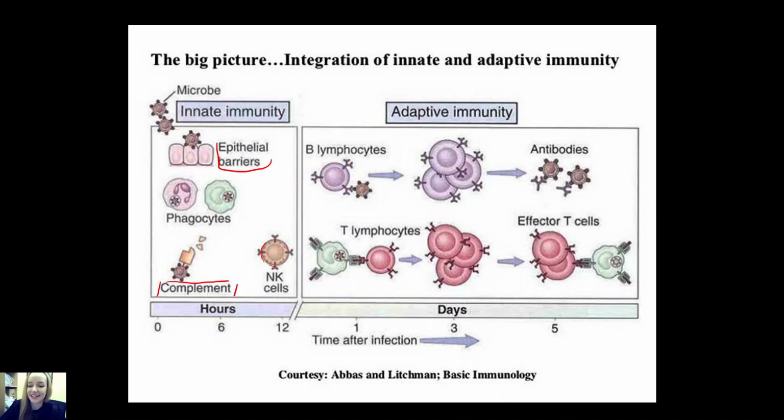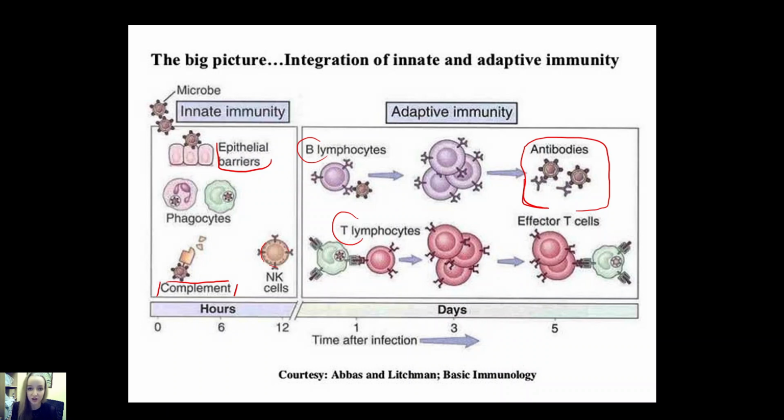And in adaptive immunity, we differentiate cells, which are B lymphocytes and T lymphocytes. They are very important for adaptive immunity. And the humoral part is represented by antibodies. Antibodies are very specific proteins which can bind to some antigens.